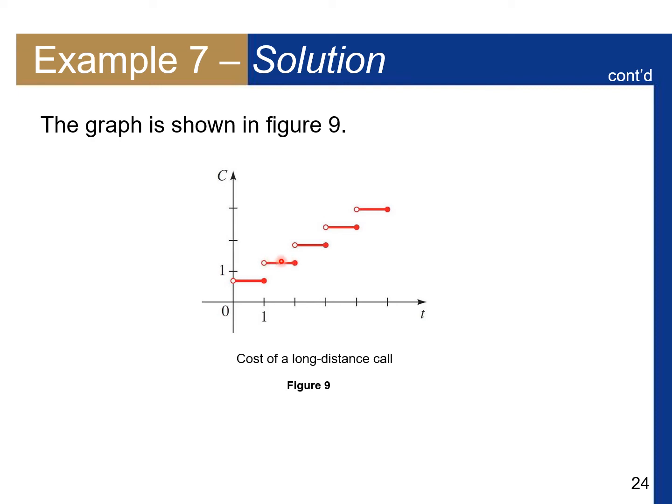And then I'm charged that amount maybe for 1 minute 10 seconds, 1 minute 30 seconds, until I get to 2 minutes. And the moment that I go over 2 minutes, it jumps up and I get charged another 58 cents. Then when it goes over 3 minutes, it jumps up and I get charged another 58 cents. Then when it goes over 4 minutes, it jumps up again, and so on. So that's why this looks like a step function.